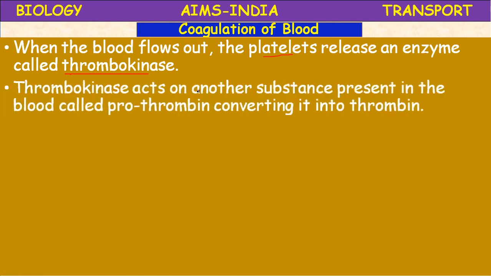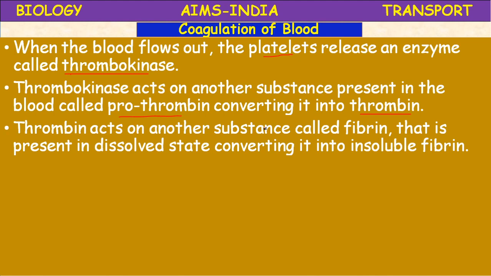Next, the thrombokinase acts on another substance present in the blood called prothrombin. This thrombokinase converts prothrombin into thrombin.